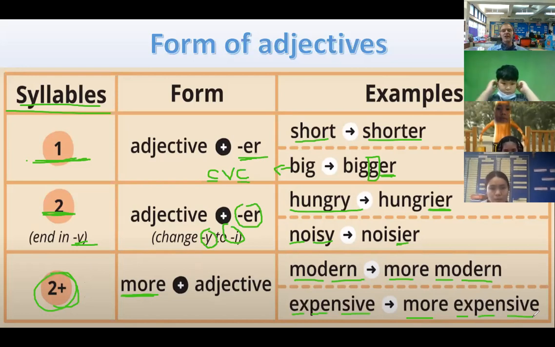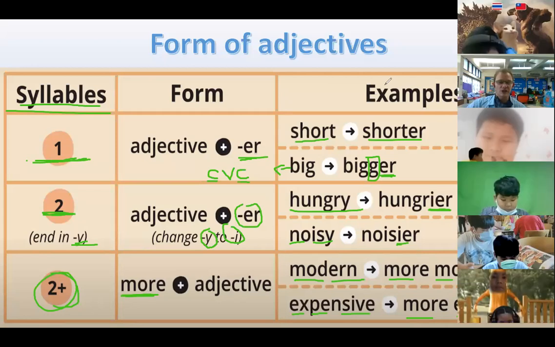So it's only those three rules, not very much to know, but it sometimes becomes a little bit difficult to answer because we get confused. If you do not understand, please talk to me today and ask me questions.